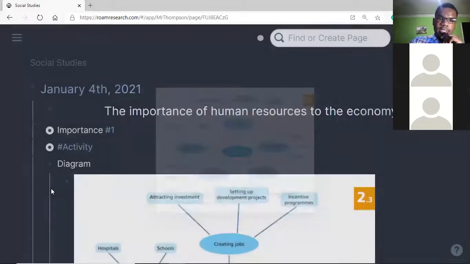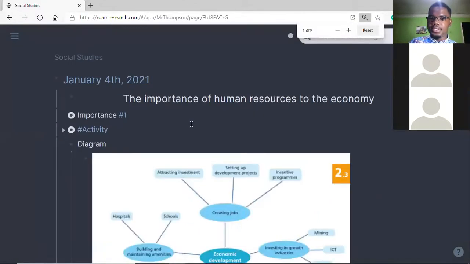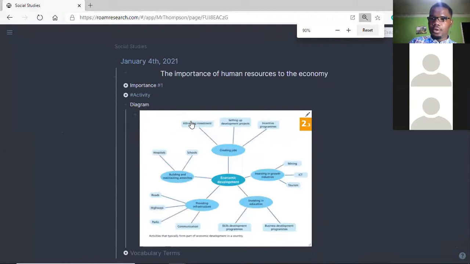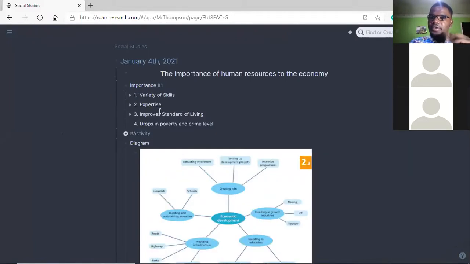So we're on the topic of the importance of human resource to the economy. We reviewed what human resource was and physical resource, differentiated between them, and now we're looking at the importance of human resource. So we said, for example, if I have a population of working age, which is 18 to 65, why do I need this?